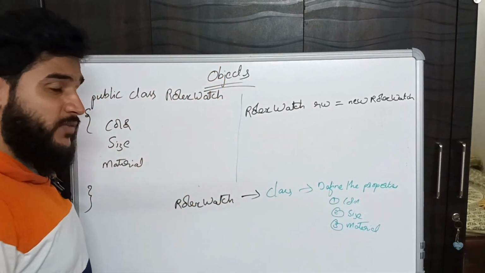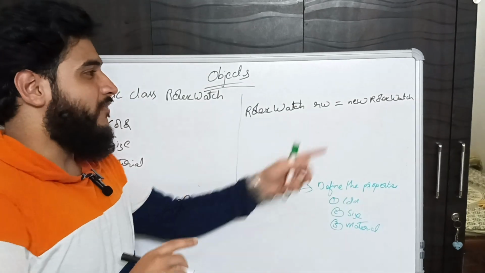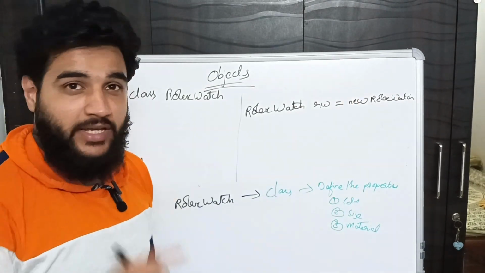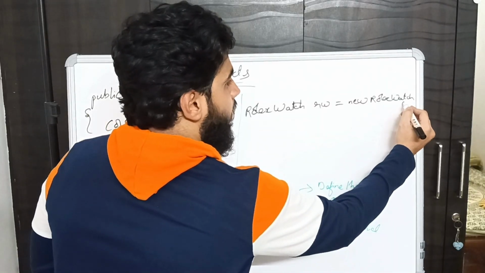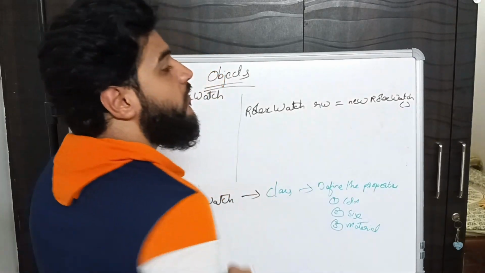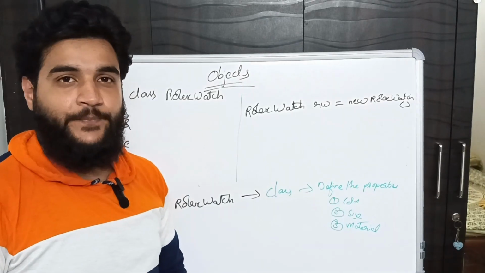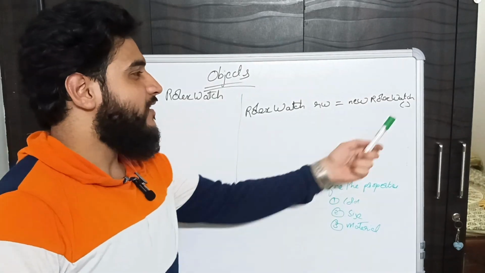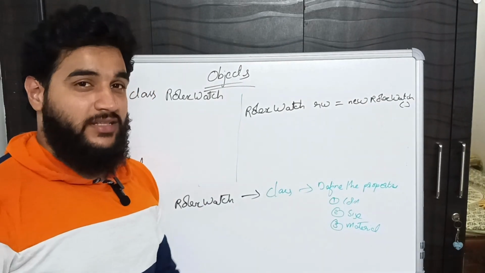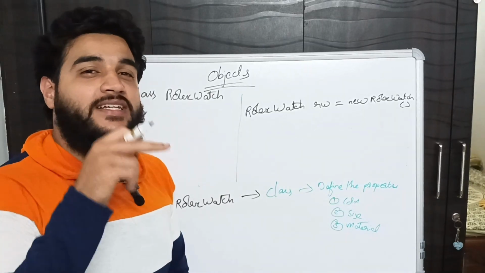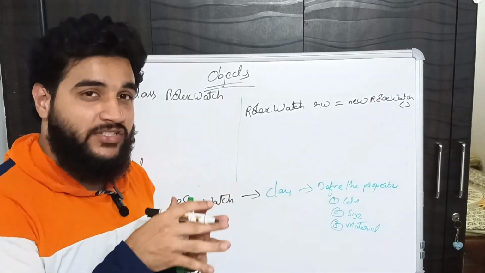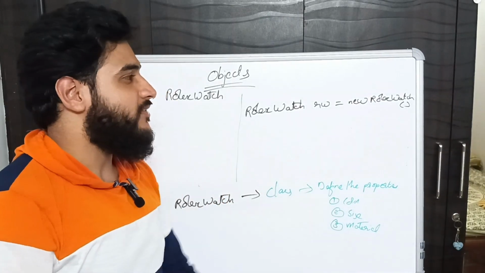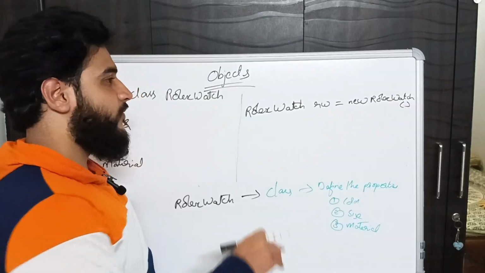With a special thing: when we write the class name a second time in a creation statement, we have to use the brackets. Why? Because this is something called the constructor, which will actually instruct the JVM to create an instance in the memory. Hence, this is called a constructor.